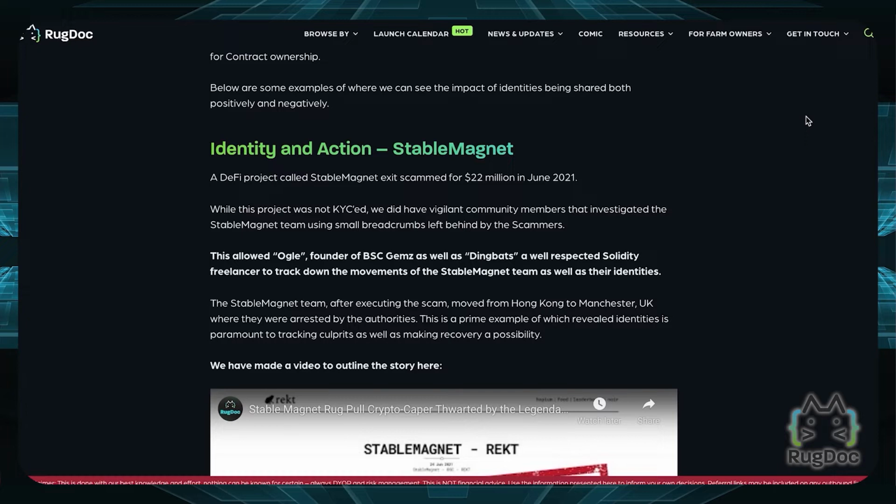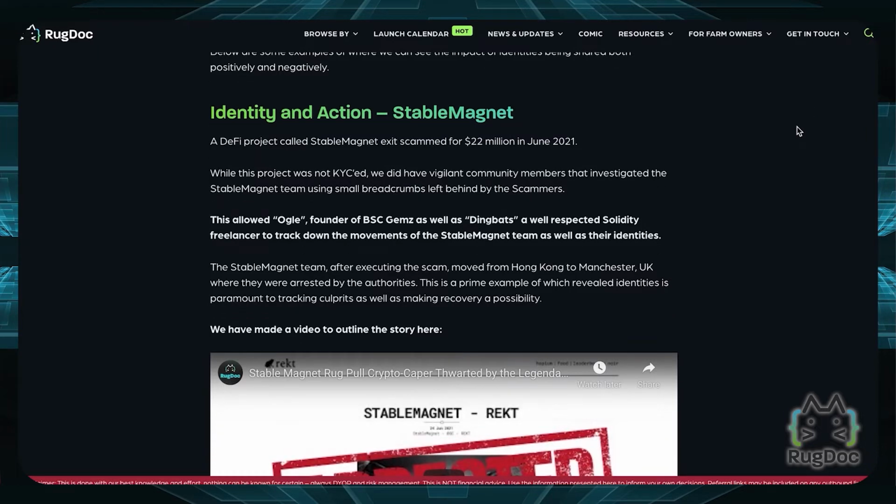So while this project was not KYC'd, we did have vigilant community members that investigated the Stable Magnet team using small breadcrumbs left behind by the scammers. This allowed a user named Ogle, the founder of BSC Gems, as well as Dingbats, a well-respected Solidity freelancer, to track down the movements of the Stable Magnet team as well as their identities.